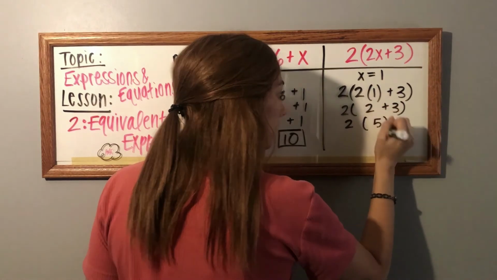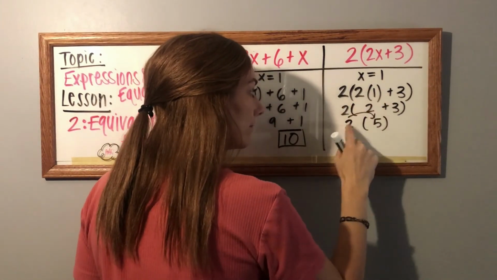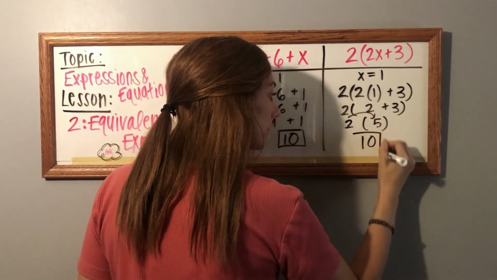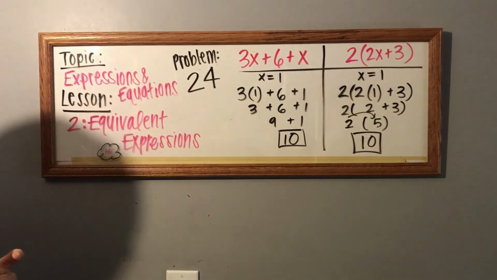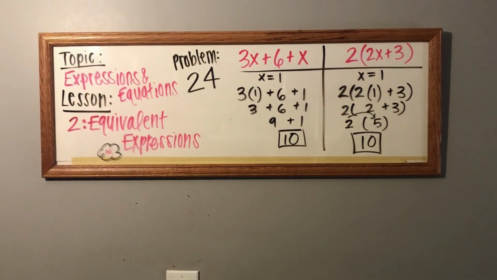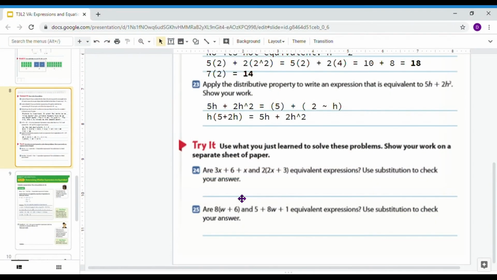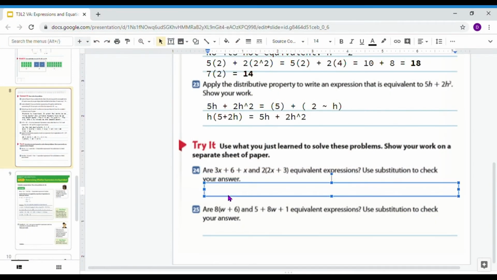And now I do my distribution. 2 times 5 is 10. So I can say that 3x plus 6 plus x and 2 times the sum of 2x plus 3 are equivalent.